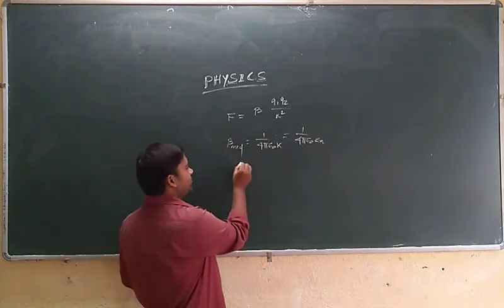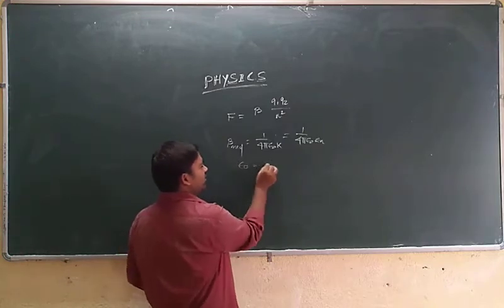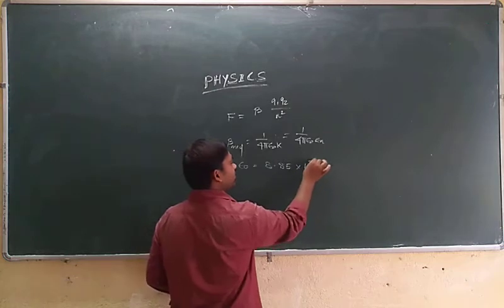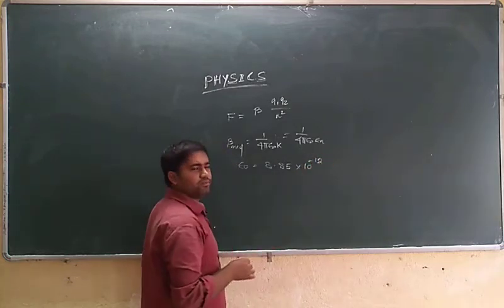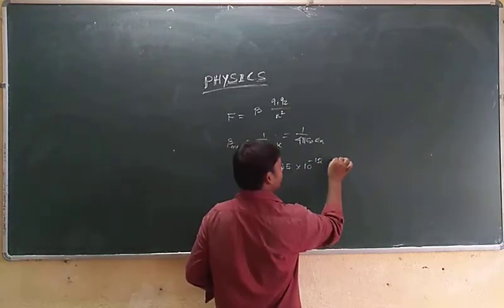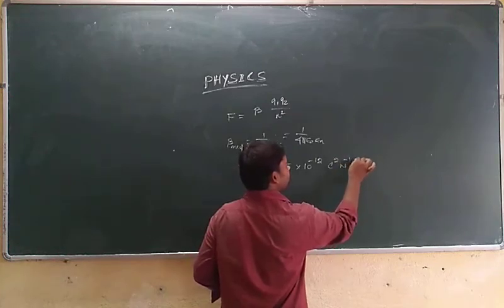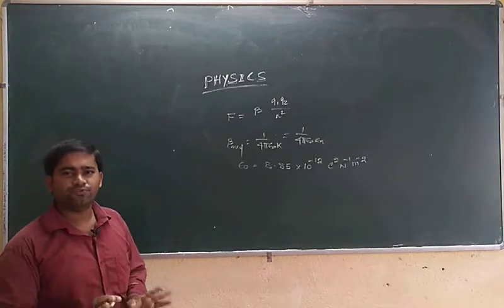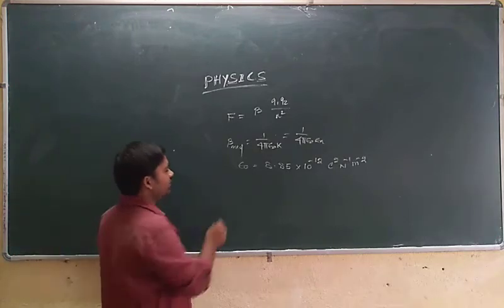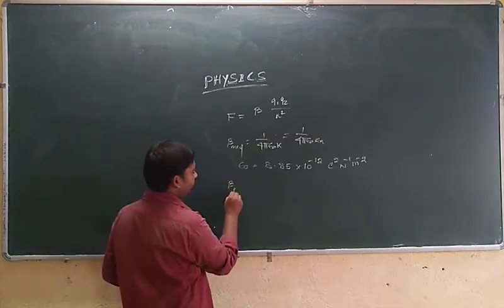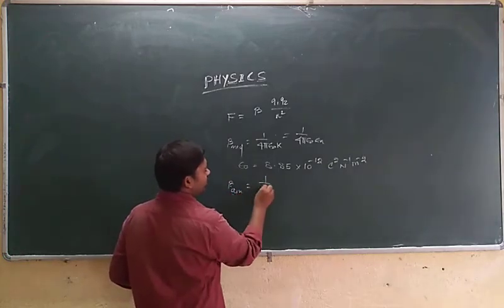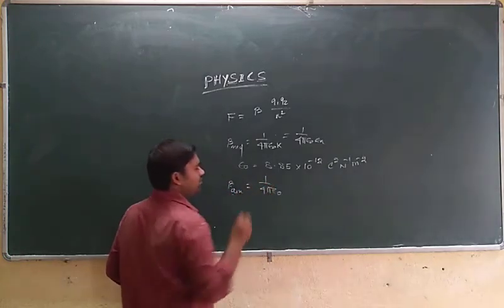The value of epsilon naught is 8.85 into 10 to the power minus 12 Coulomb square Newton inverse meter to the power minus 2, and that is the permittivity in free space. When we consider the value of beta in free space or in air, that value will be 1 by 4 pi epsilon naught.